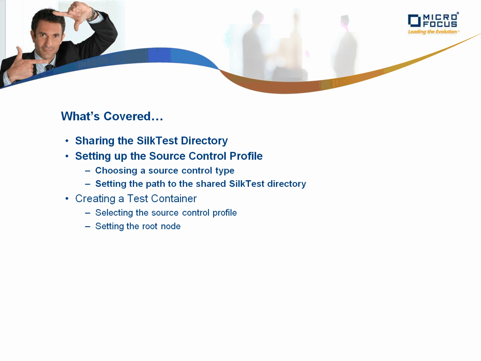To do this, you'll come to your test plan view in SilkCentral. And now you should see a tree view on the left with your project and some high-level containers underneath. Each container can point to a separate source control profile and root node and have some additional properties as well.